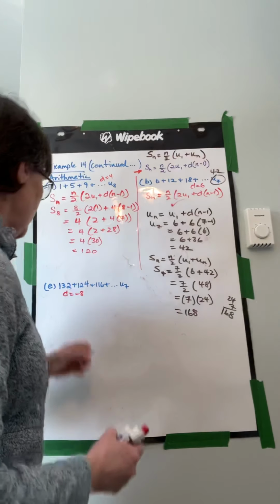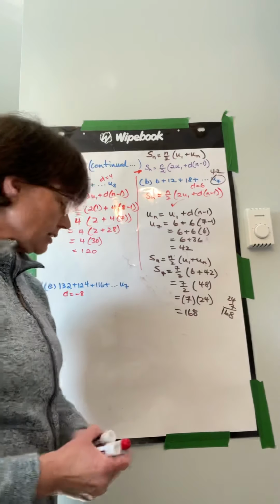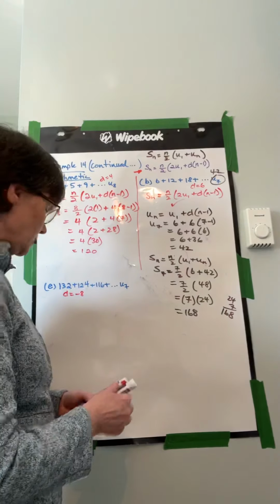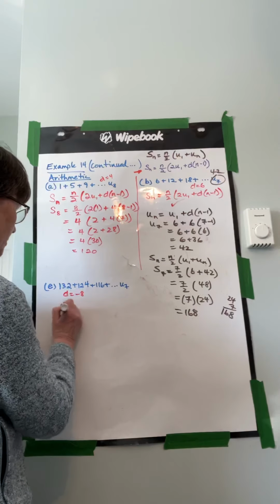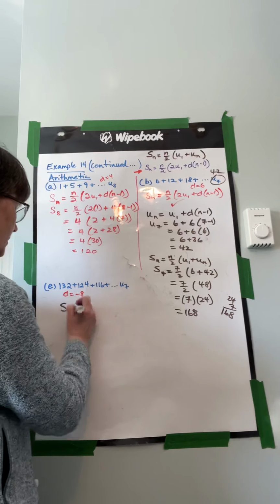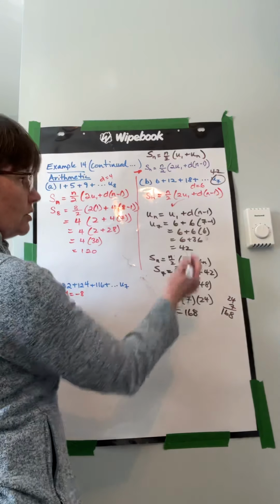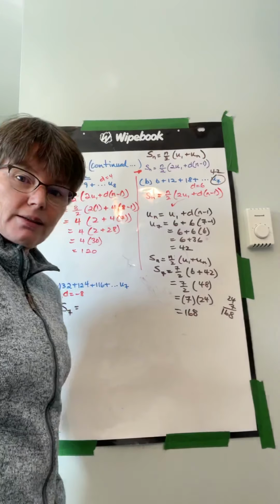Awesome. Okay, last one here that's arithmetic, number E. So again, we're going all the way up to U7, which means we're calculating S7. We can choose either of these 2 ways of doing it.